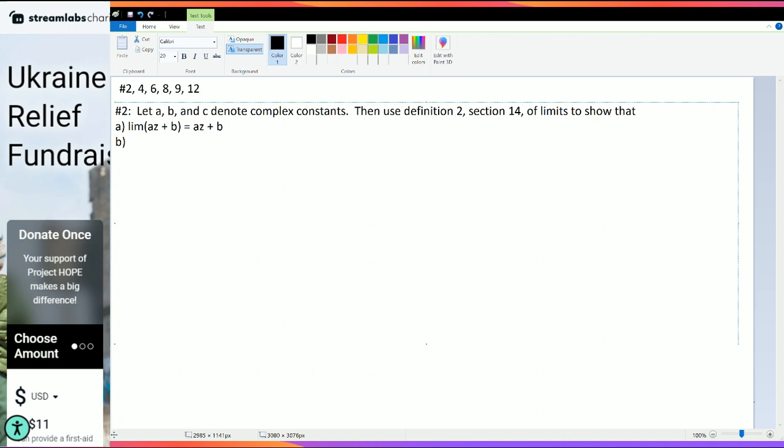B, the limit of z squared plus c equals z naught squared plus c. And I'm going to add the naughts in after.